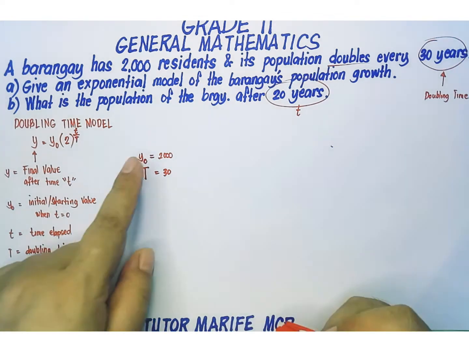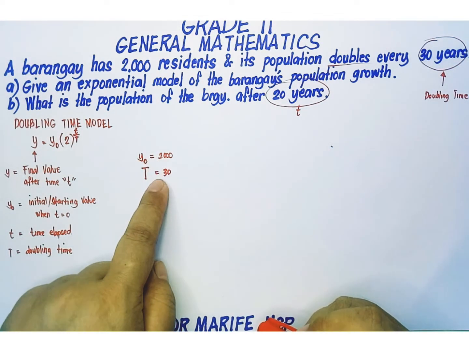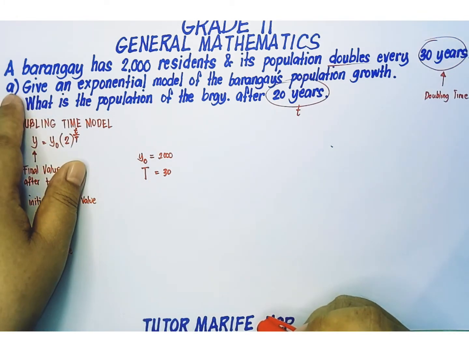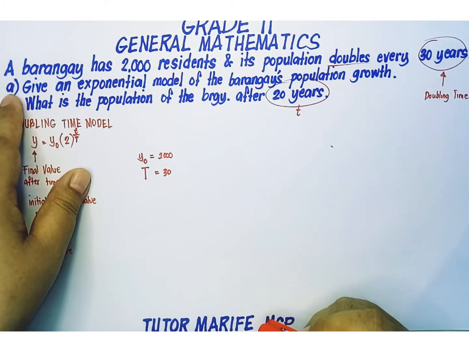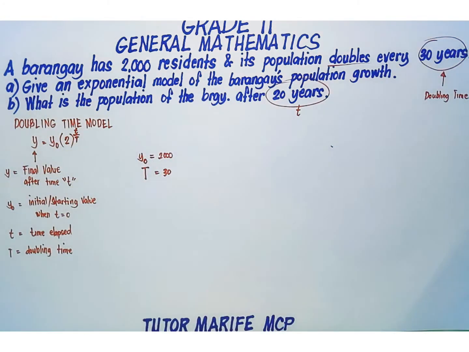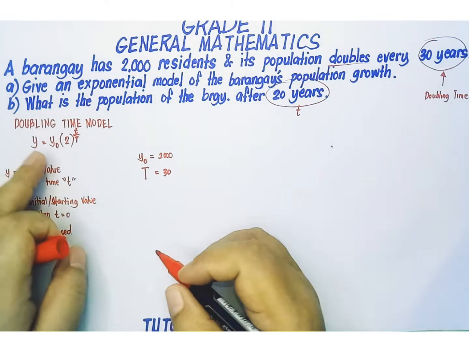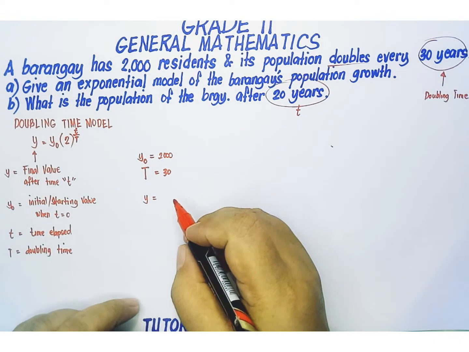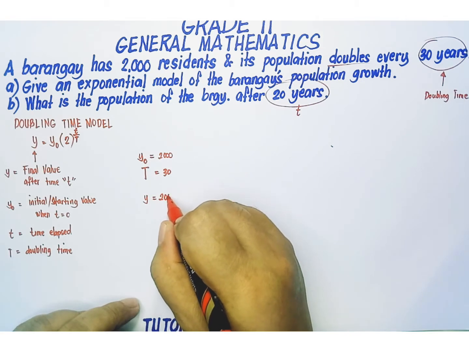So, ayan. We only need two information to be able for us to answer the first question. Give an exponential model of the barangay's population growth. So, i-plug in mo lang y equals, your y sub 0 is 2,000.